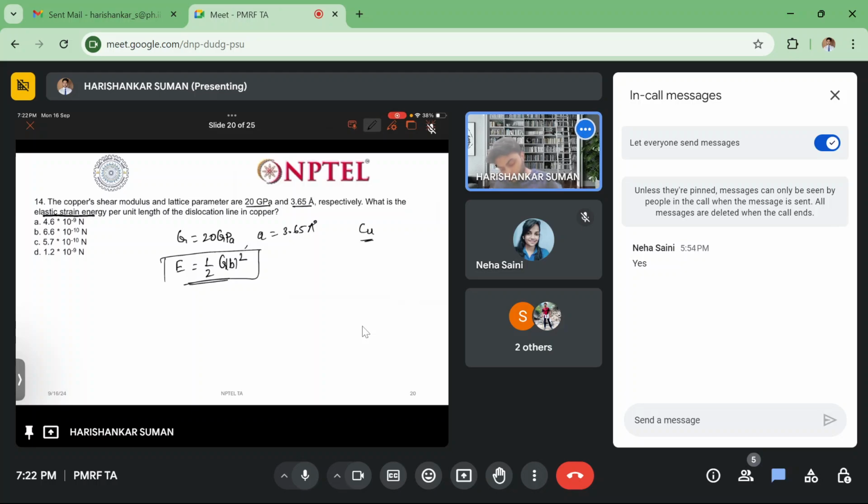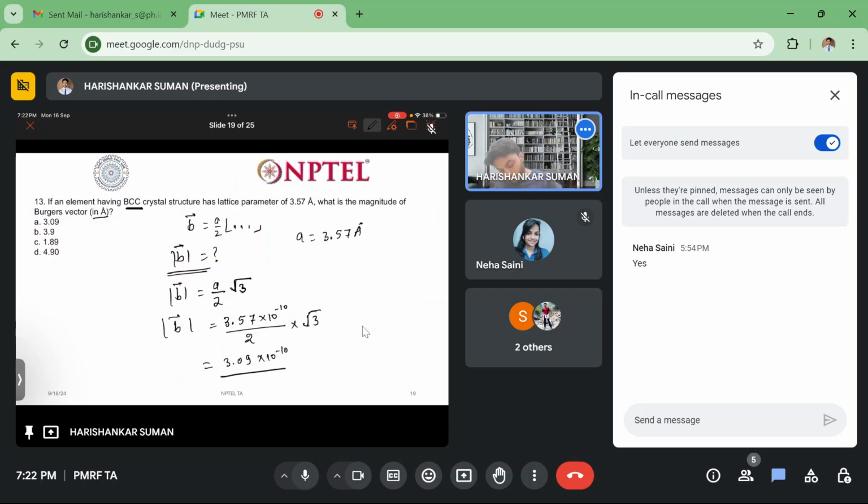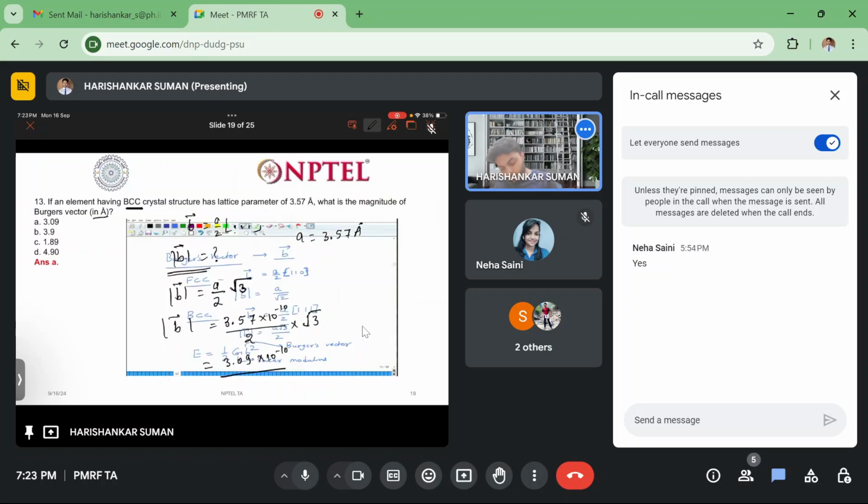Copper has an FCC structure. So b, you can see for FCC, is a by root 2.